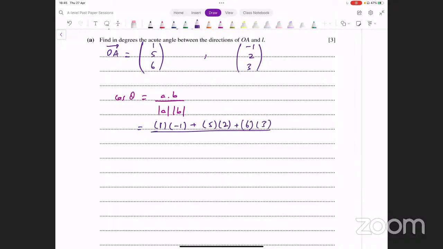That's the dot product divided by the modulus. 1 squared plus 5 squared plus 6 squared, ये first का modulus और दूसरे का 1 squared plus 2 squared plus 3 squared.